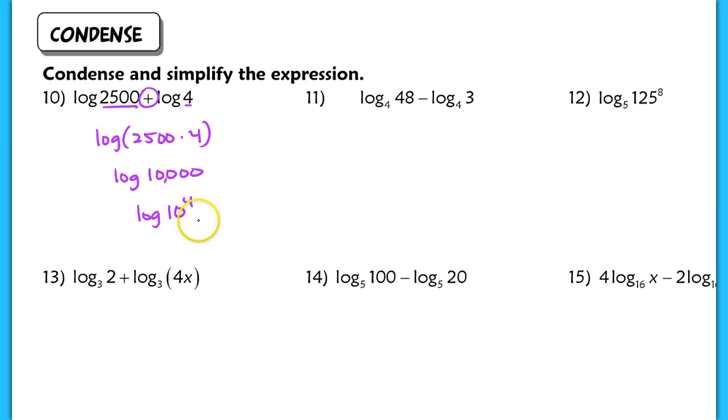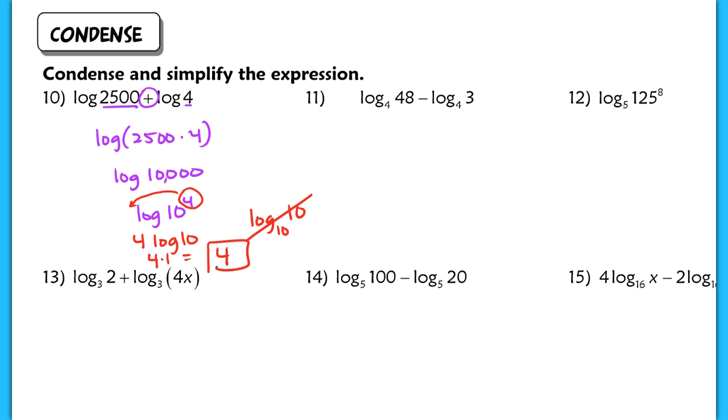Now I'm going to simplify this. Let's bring that 4 out in front. So we have 4 times the log base 10 of 10. Now log base 10 of 10, this is going to simplify to just 1. So we have 4 times 1, which is just 4.